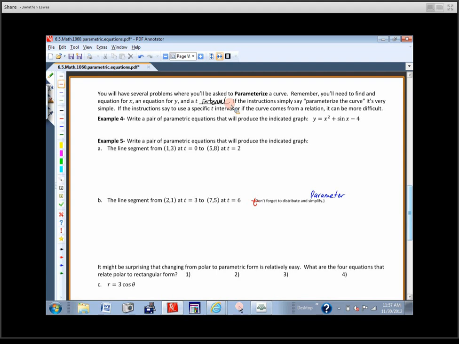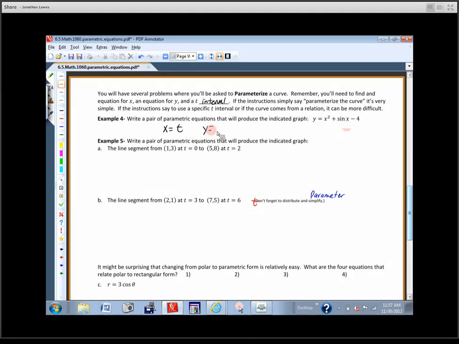Okay, if all the instructions say are just parameterize the curve, then it's pretty darn simple. So let's say it said parameterize this. You've got to have an equation for x, an equation for y, and a t interval. Well, the easiest way to parameterize a curve is to do this. Let's say x equals t. If x equals t, then wherever there's an x, I can put a t.